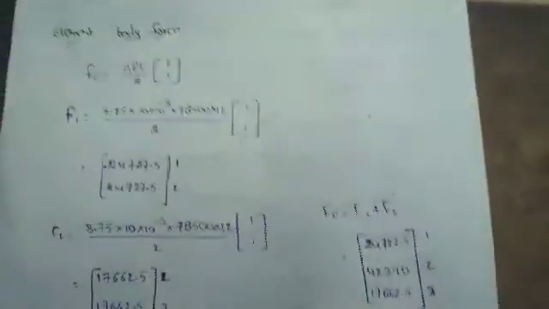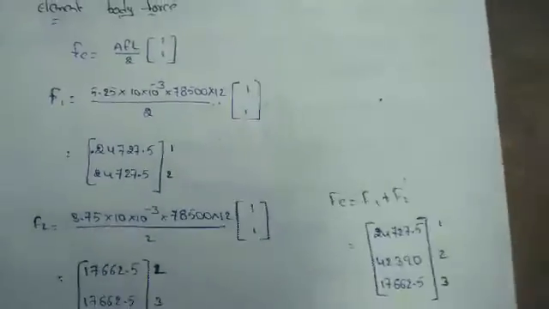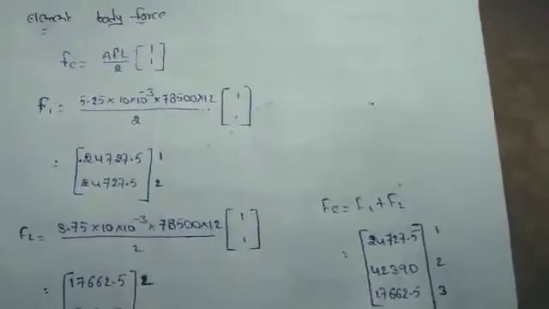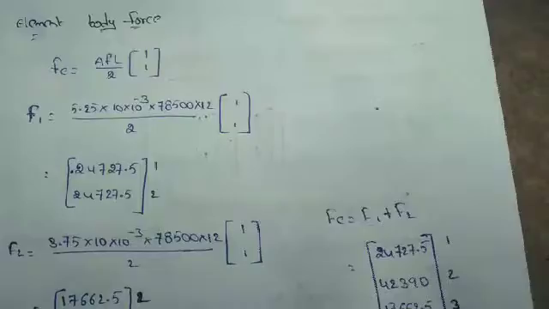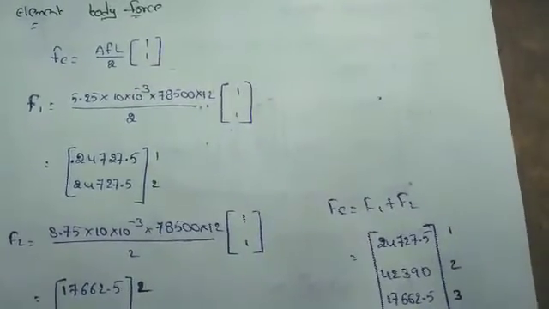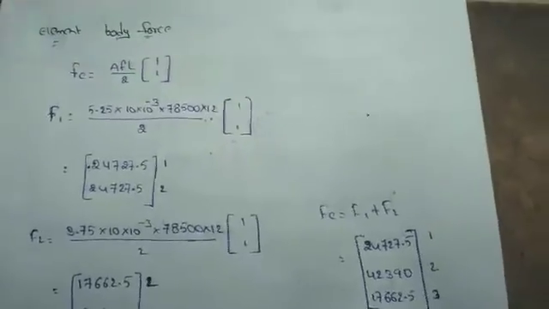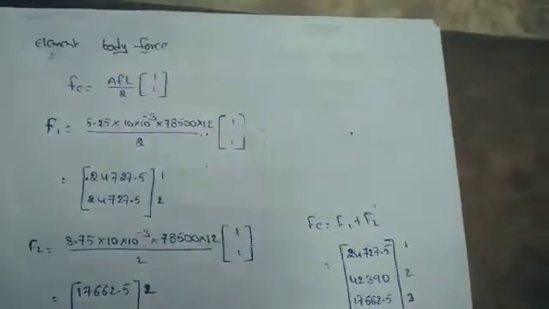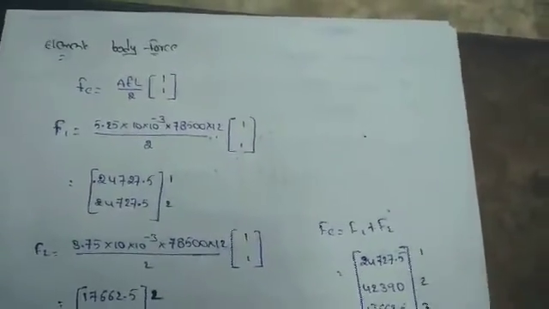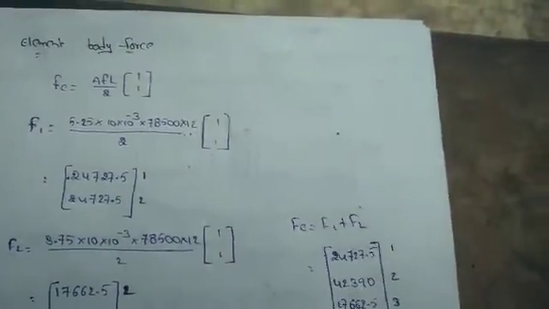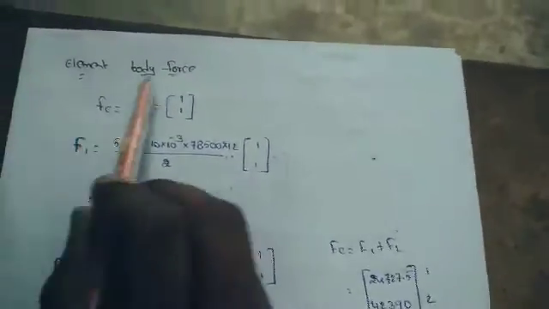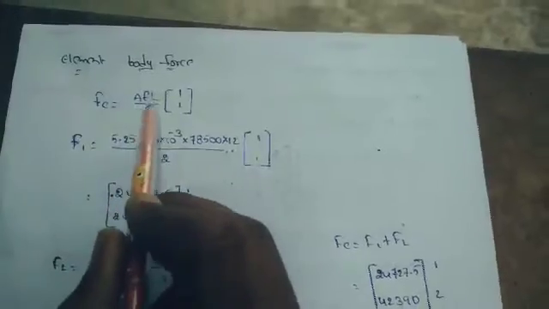Up to here the procedure is the same as the above problems, but in this problem they have given the density of the body. Since the density value is given in the problem, you have to calculate the element body force. Okay, element body force Fe equal to A rho L by 2, 1 1.